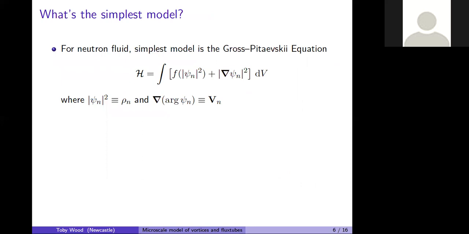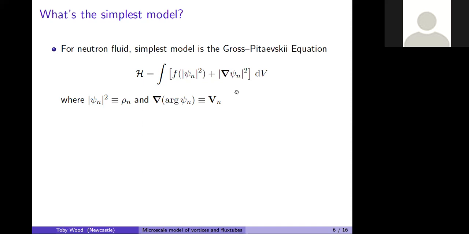Right, so I have an applied math background, and my motivation is always to try and find the simplest model for everything that includes only the physics that I absolutely have to have. So what's the simplest possible model for a superfluid? I think the answer is, on the microscale, it's the Gross-Pitaevskii model, in which we write down a free energy that has a functional form like this.